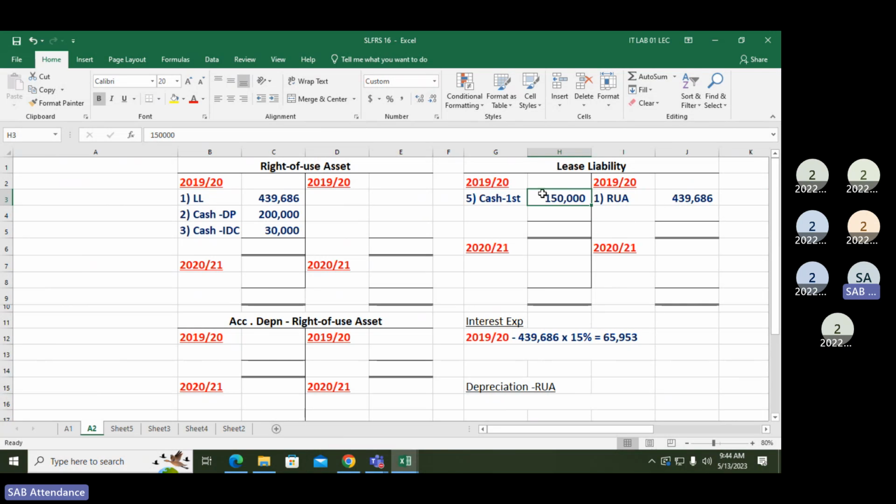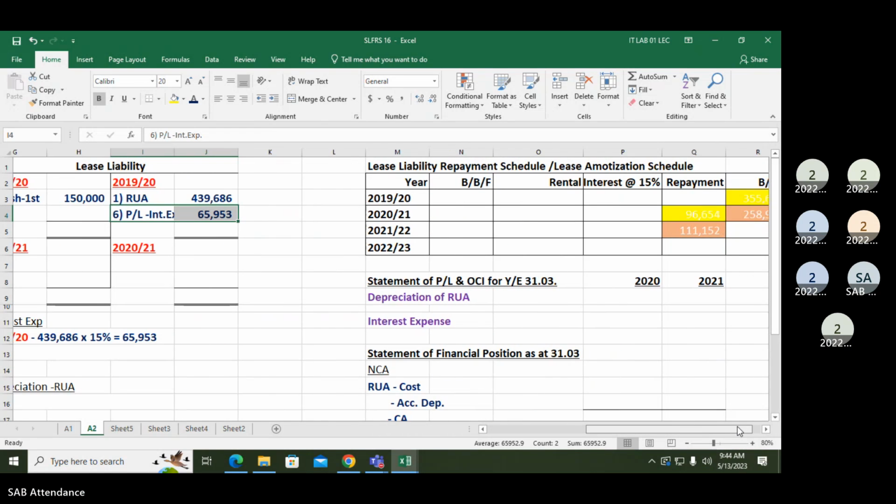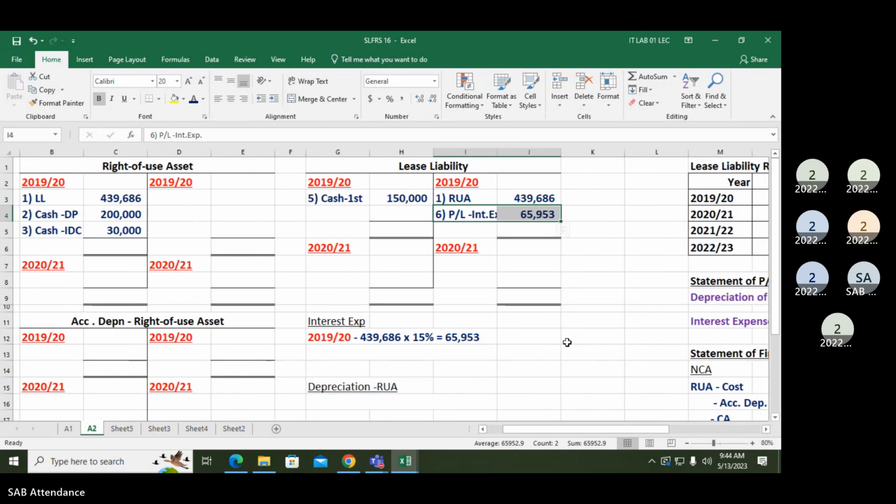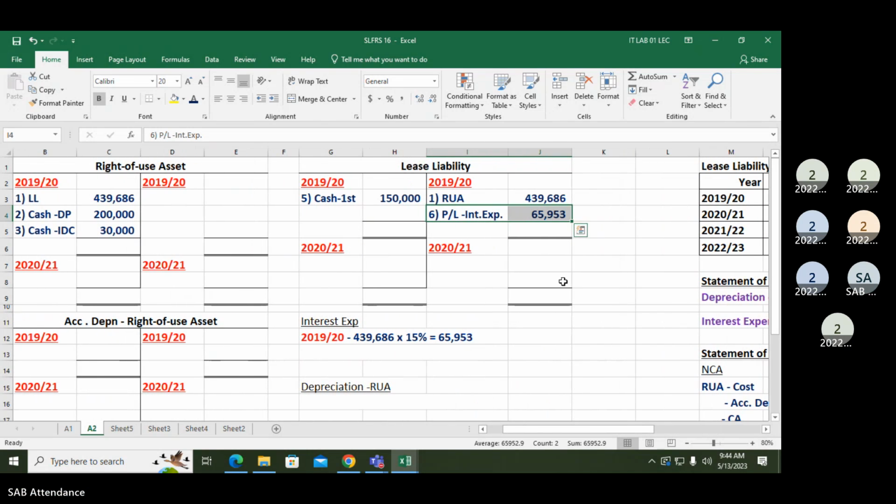So you can't reduce the liability by 150. This is the lease rental, which includes the interest. The interest you charge to P&L, interest expense.